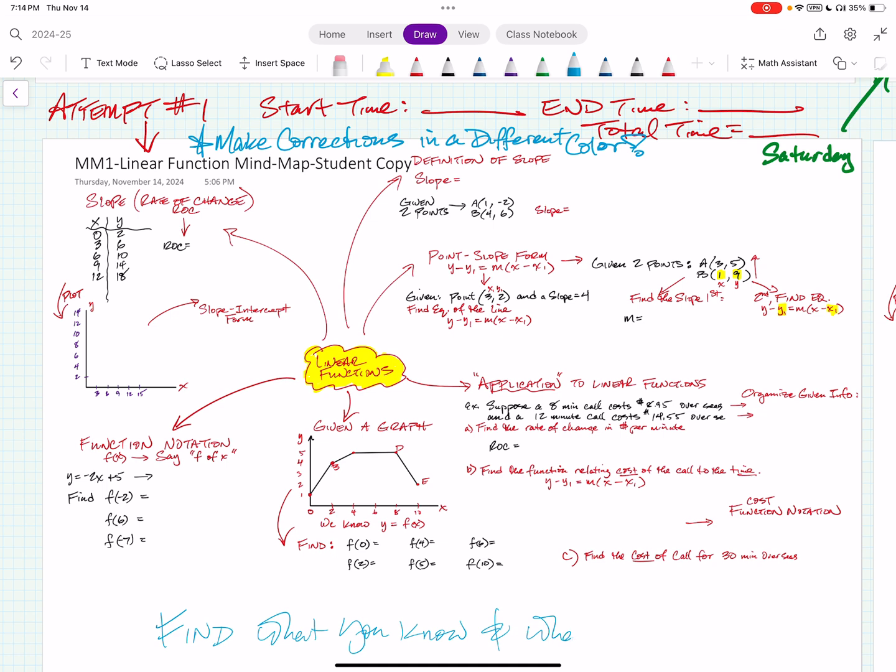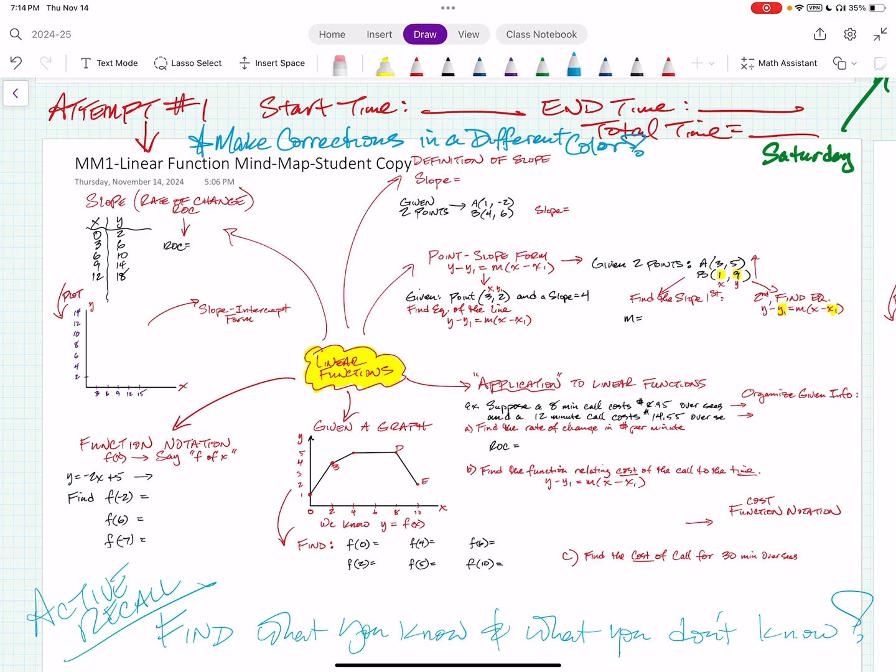And the only way to figure that out is by active recall. Can you recall all of this? Can you produce all of this? It's called active recall in the learning world.